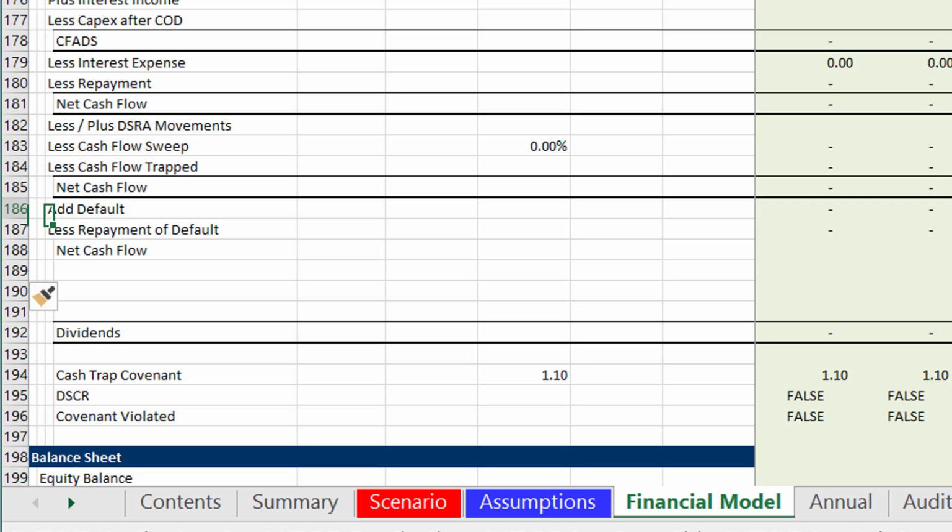I was getting worried about whether the default should come before or after, but that's kind of ridiculous. We're only going to pay the sweep off, and then we put less repayment of sweep, refinanced Miniperm.